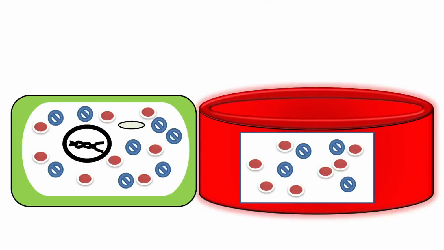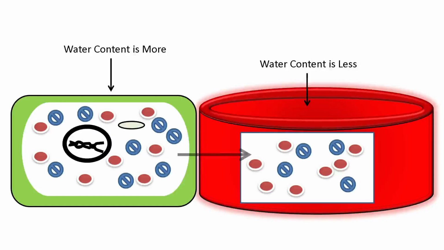Now we can see that water content in the plasma has depleted and the water content of the intracellular compartment is more as compared to the plasma water content. So, water from the intracellular space will now get into the plasma space to compensate the water loss or to bring equilibrium on both the sides.